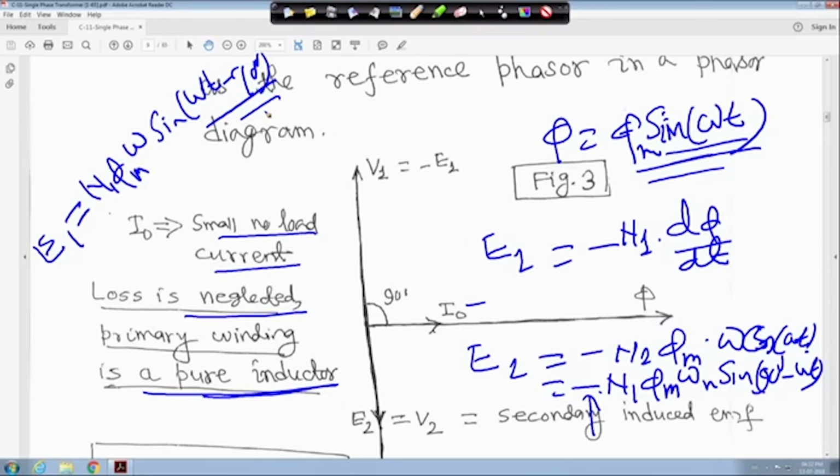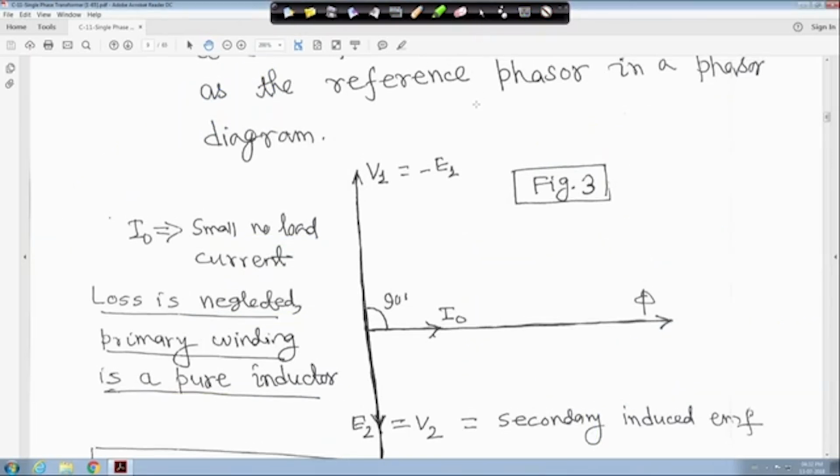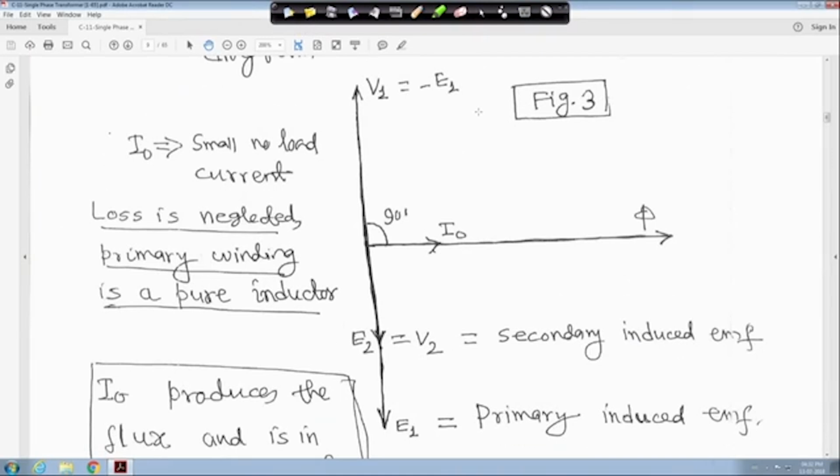So, my U1 will be lagging phi by 90 degree. This is my U1, the primary induced EMF. Similarly, E2 also will be lagging, and E2 is equal to V2, because we are considering an ideal transformer. This is your secondary induced EMF.